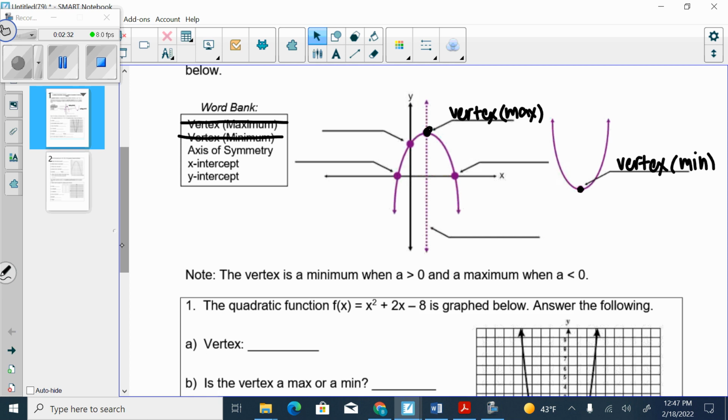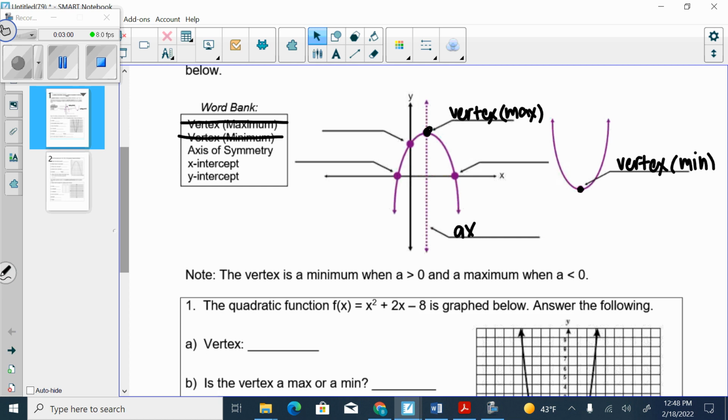Well, if you remember back in elementary school, they told you that symmetry meant you could fold it in half and everything would match up, right? So which one of these things that it's pointing at would be where we could fold it in half and the U shape would match up? Right, I could fold it along this dotted line here, and they should be exactly equal on both sides.